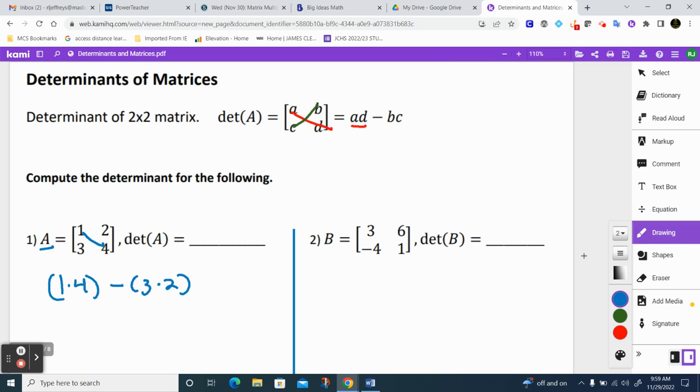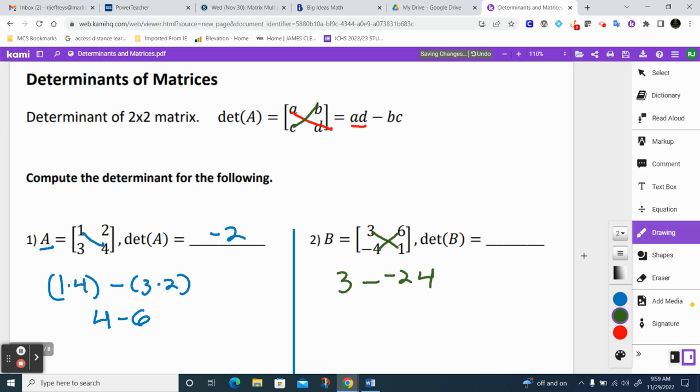So it's 4 minus 6, so our determinant is -2. Bam. Told y'all. Multiply, add, subtract. Or add, subtract, multiply. That's all we're doing.